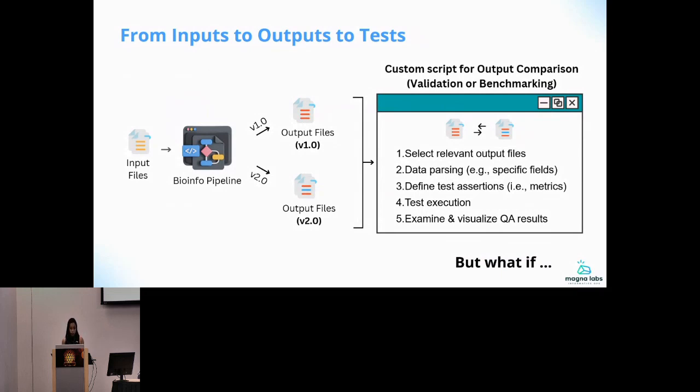Initially, you might be able to just use a basic diff function to check for file content differences, but its limitations will likely lead you to develop custom scripts for more detailed analysis. And eventually, you might find yourself just maintaining code to test the code that you're building for your bioinformatic applications.